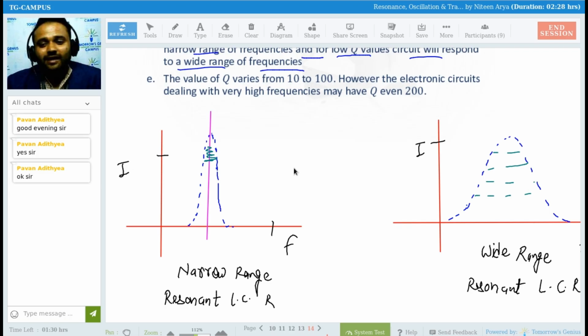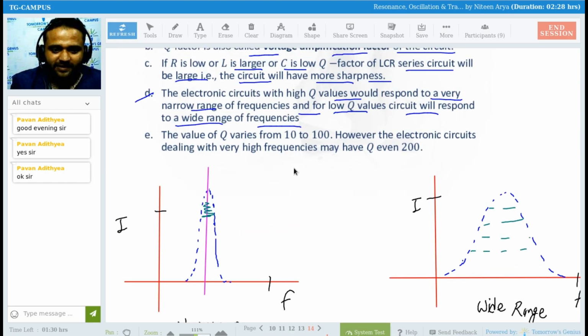Once I see your faces, I feel like I don't want to teach you. You are the least interactive, least interested people among all the TG batches I am teaching. Believe me or not, the demo student is more interactive than you. You are not. And your first book is going to be complete in the next 2 to 3 lectures. EM waves have only 2 lectures. This is the last lecture. Still, I need to say this again and again.